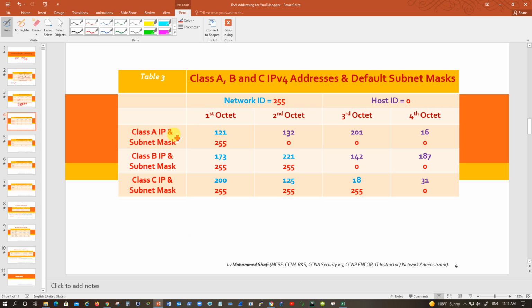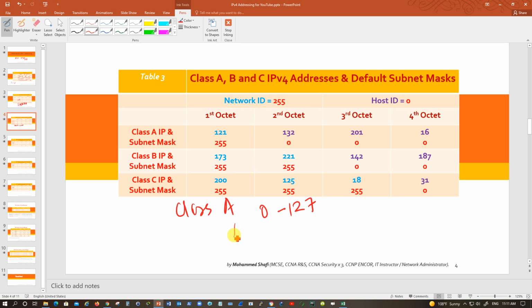If this is a class A address, I'll give you the range later on. Class A usually has a range from 0 to 127, where 0 and 127 are reserved, you cannot use them.